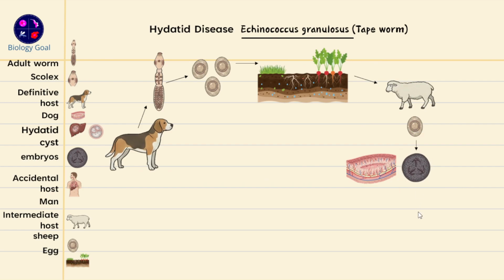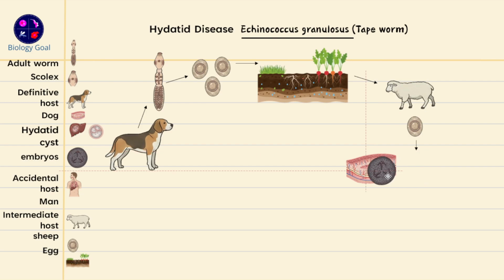So this particular hexacanth embryo, or oncosphere, will penetrate inside the wall of the intestine, and then what will happen? It will get converted into a hydatid cyst. After penetration, it will enter into the blood and lymphatic circulation. So blood and lymph are the destination for this particular embryo, and after that, it's going to get converted into a hydatid cyst in particular organs.